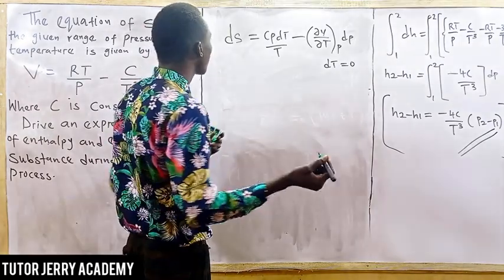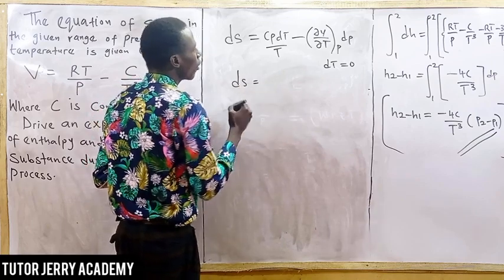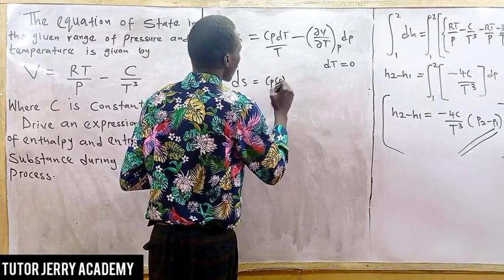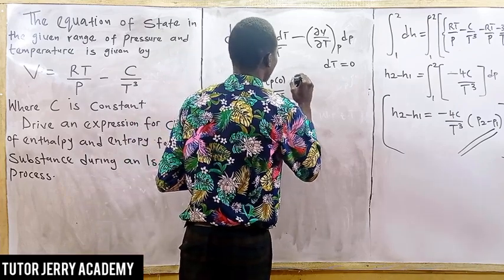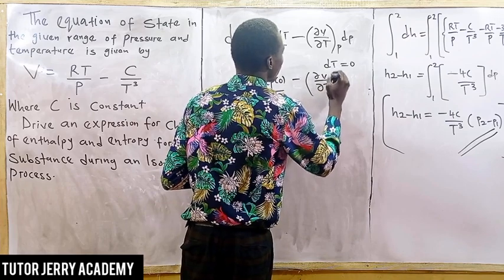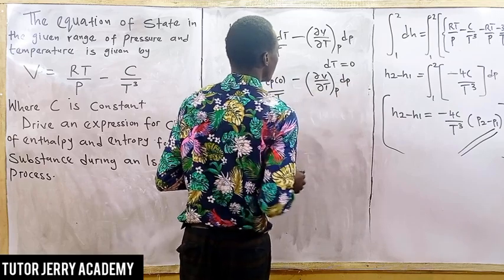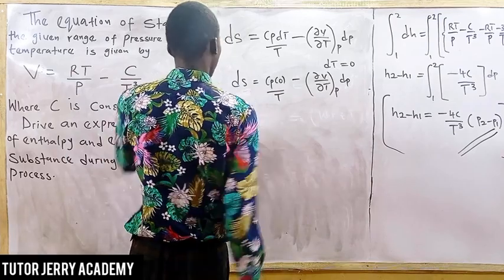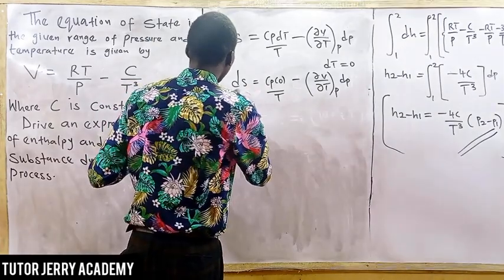If we do that, this equation reduces to dS equals 0 over T minus the partial derivative of V with respect to T, keeping P constant, dP. So we have just let dT, our change in temperature, be equal to 0.